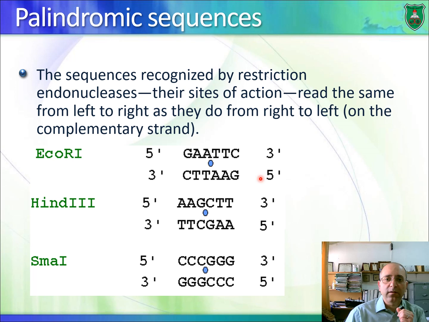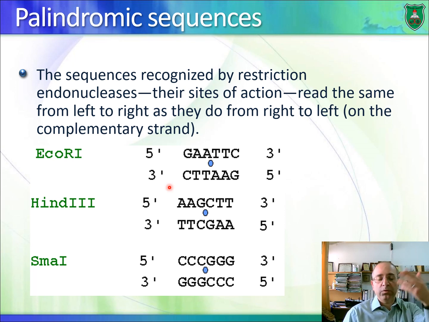Now read the complementary strand from 5' to 3'. It's GAATTC as well. So you read it the same whether you're reading the top strand or the bottom strand. These are known as palindromic sequences that are exactly the same on both complementary strands.